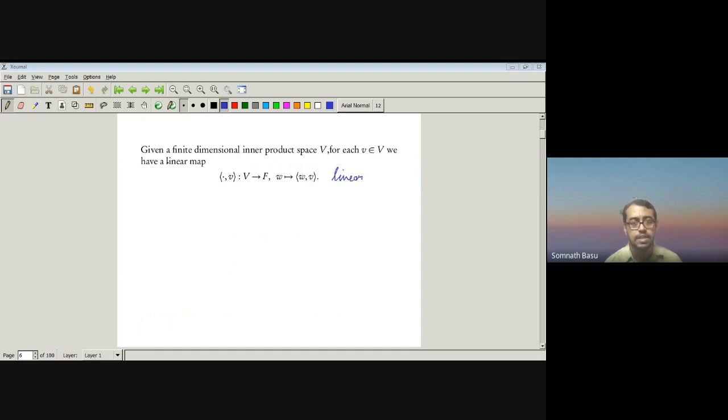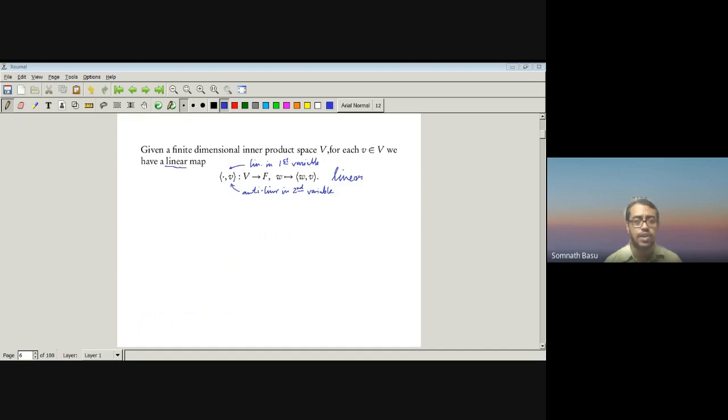Typically, this inner product is linear in the first variable, and if I'm working over C, it is antilinear or conjugate linear in the second variable. Again, this F is R or C.